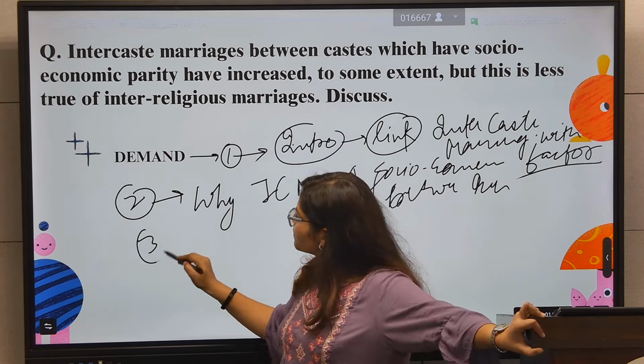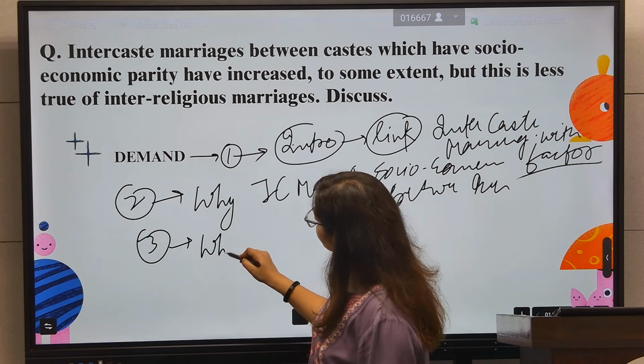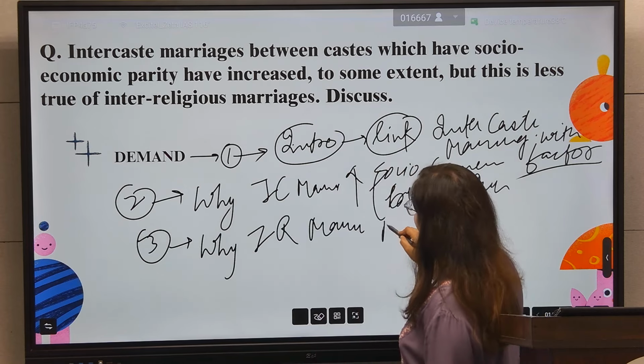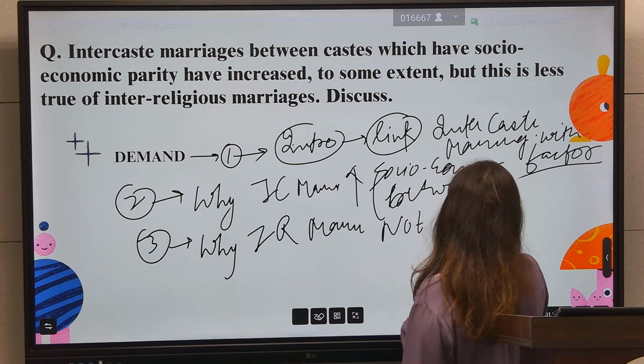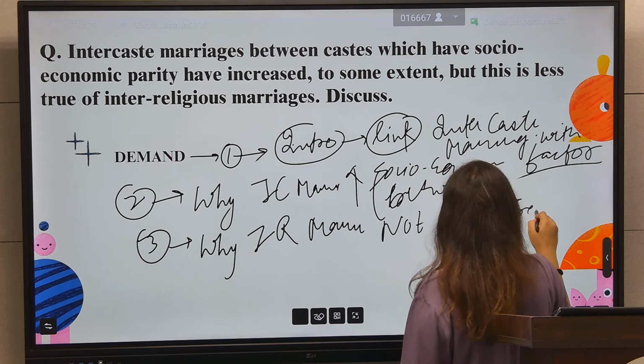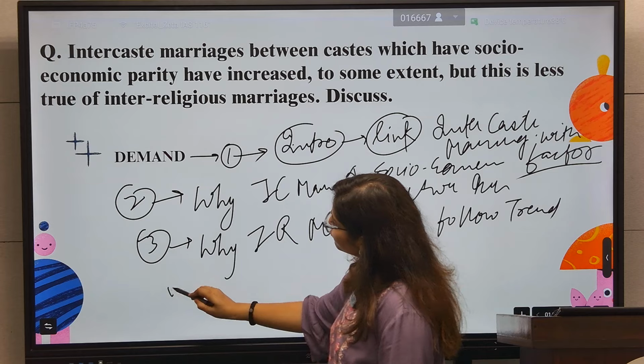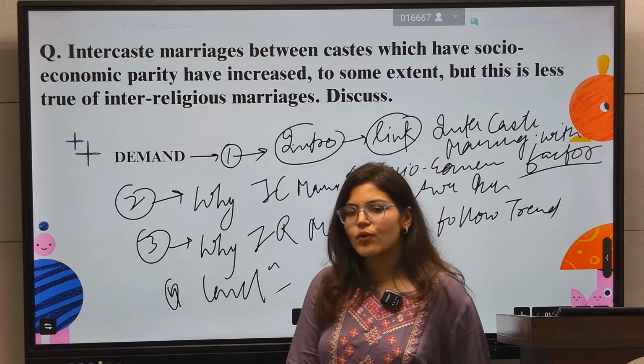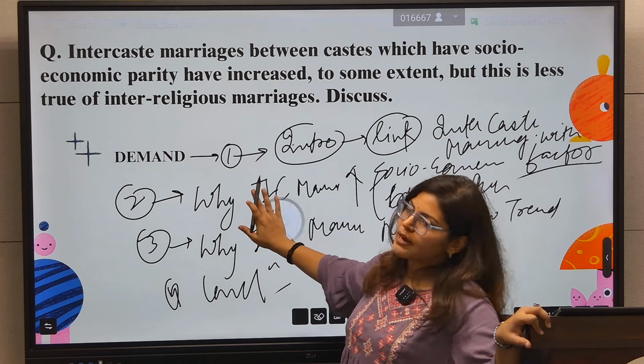Then the third, why interreligious marriages do not follow this trend. And then fourth is the conclusion. So in this way you have to write the answer. There are four demands of the question.